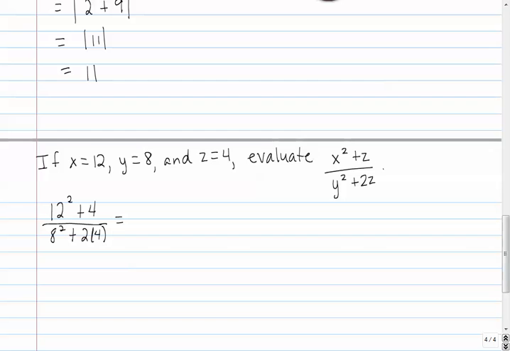Okay, remember we'll work the top and bottom separately. So if we do the top first, you'll do your exponent first. So 12 squared, that's 144 plus 4 over.